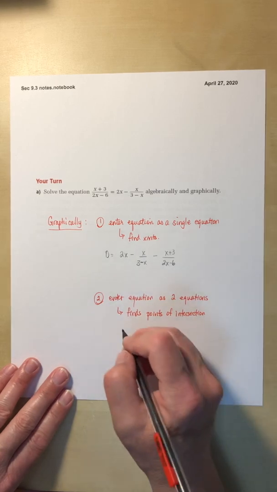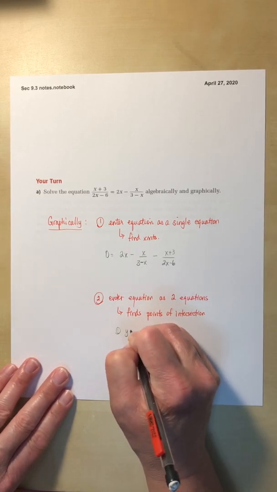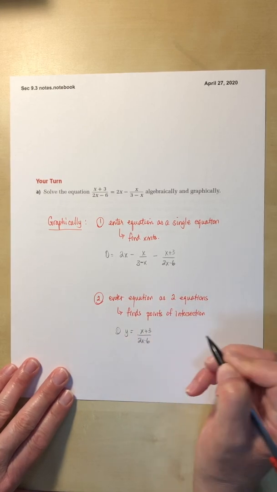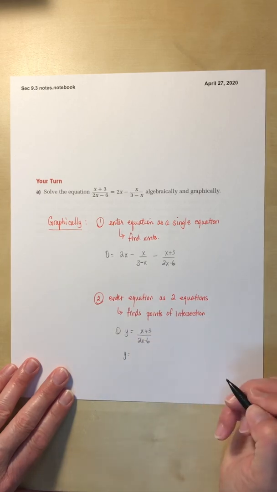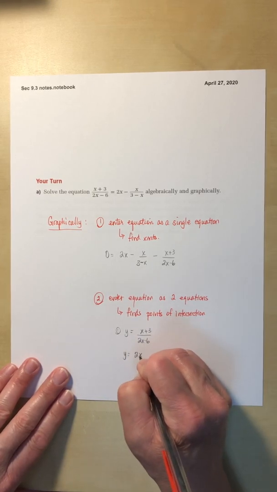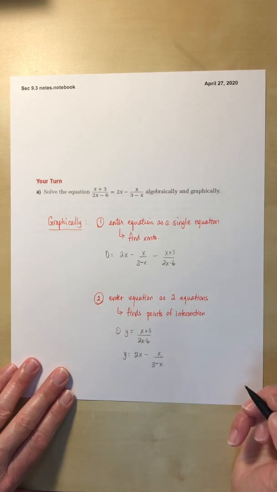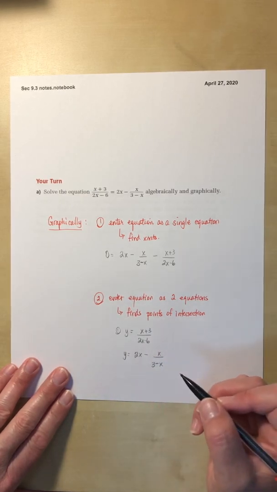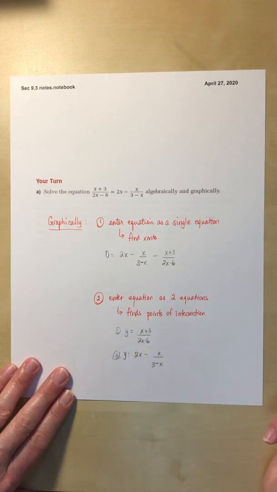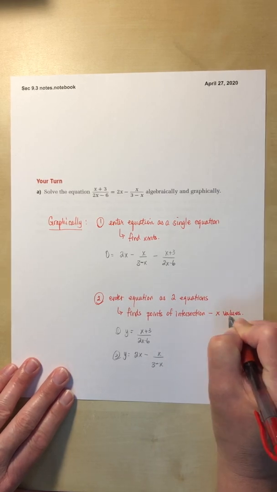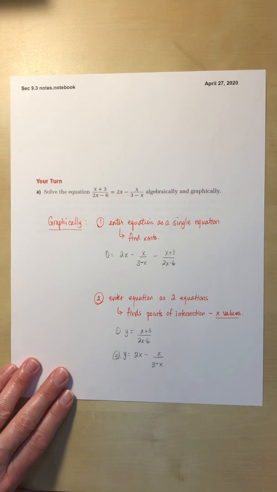So what we would do is take one side of the equation, the x plus 3 over 2x minus 6 as one equation. The second equation on the other side, 2x minus x over 3 minus x. And we would again enter two equations and ask the calculator for the point of intersection. And your solution is the x values. That's what we are focusing on as your solution for solving it graphically.